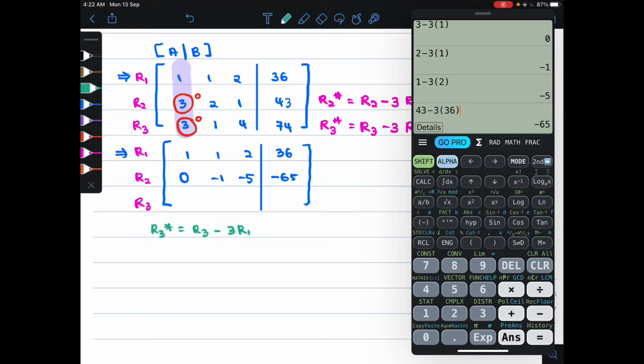The new R3 is equal to R3 minus 3R1. So only look at R3 and R1 only. Jangan tengok lagi dah R2.